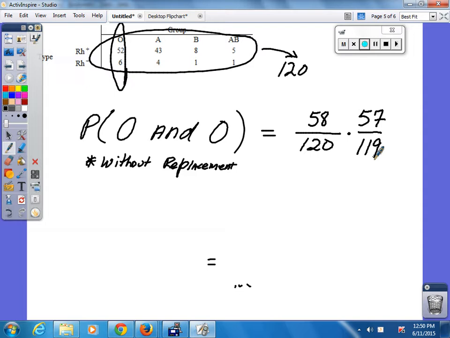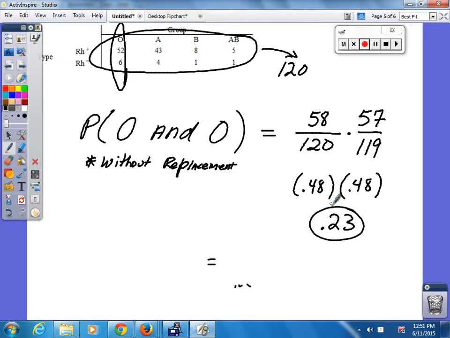So somebody, just give me two digits. What's 58 over 120? 0.48. And 57 over 119. 0.48. And multiply those two together, what do you get? 0.23. So you got a 23% chance, or a 0.23 probability.